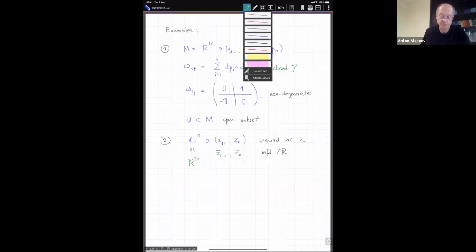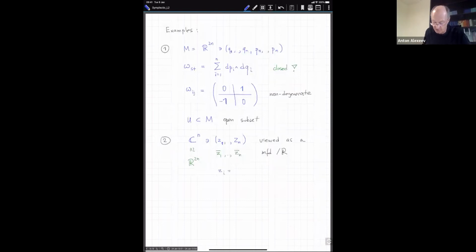So now we can say that Zi is Qi plus, for now I write the square root of -1 for imaginary unit, times Pi, and Zi bar is Qi minus square root of -1 times Pi.